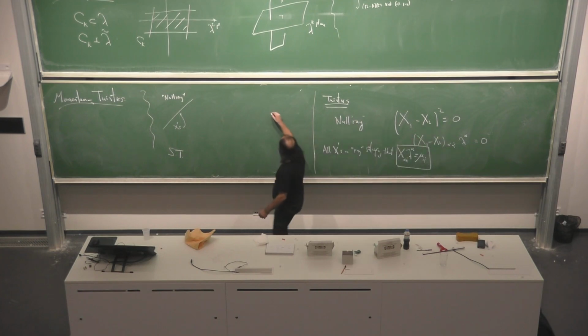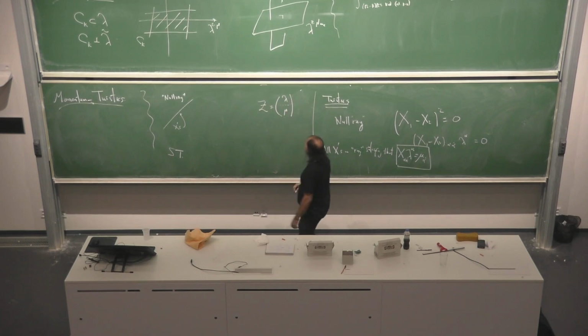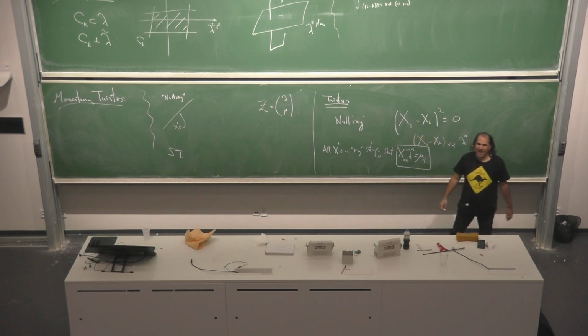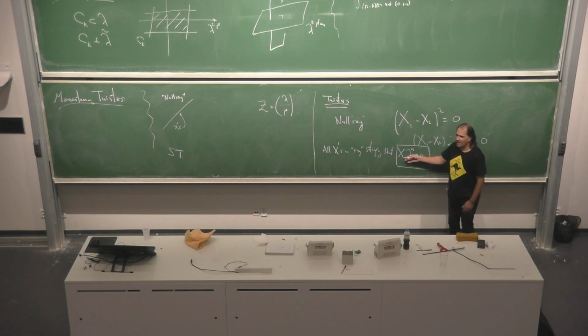So I'm going to just group the lambda and the mu in a variable z. Since I'm Canadian, it's z. So it looks like if you give me z, which is a 4 vector, that specifies a null ray. Okay, but not quite, because clearly if I take this equation and multiply everything by a factor of 2, or by any factor of t, I'm not going to change the x's that satisfy this equation.